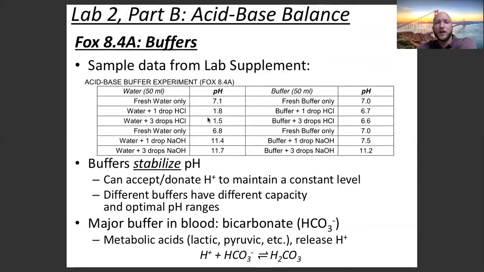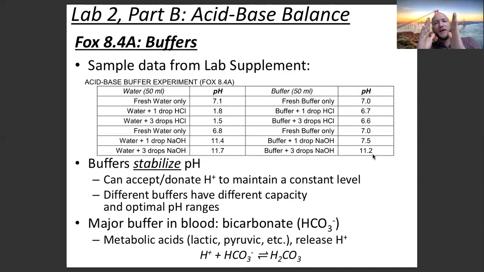Most people are familiar with acids and bases and how buffers work, and this is a very predictable result, I think, for most students. If you look at this sample data, there's really only one number that jumps out, and that's this one down here, the 3 drops of NaOH. The reason why we got such a big jump with this one was that buffers tend to work in a narrow pH range.